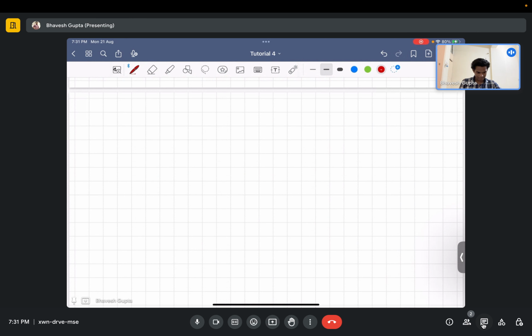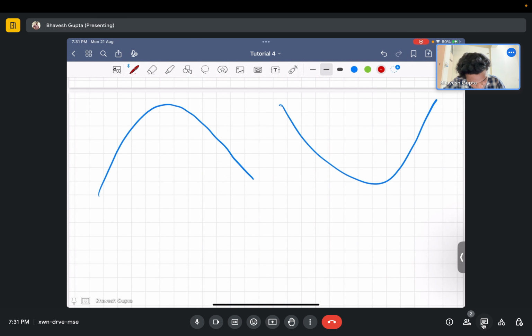So the idea is that we found a trend. For example, if this was my point of maxima and this was my point of minima, at this location we calculate the slope. No doubt, the slope at this point, for example if this is x equal to some alpha, the derivative at alpha turns out to be 0.